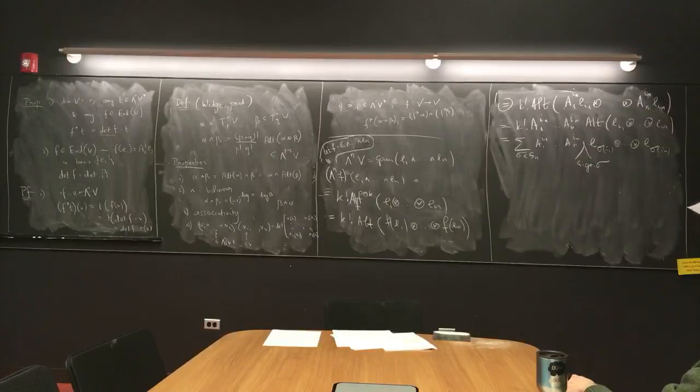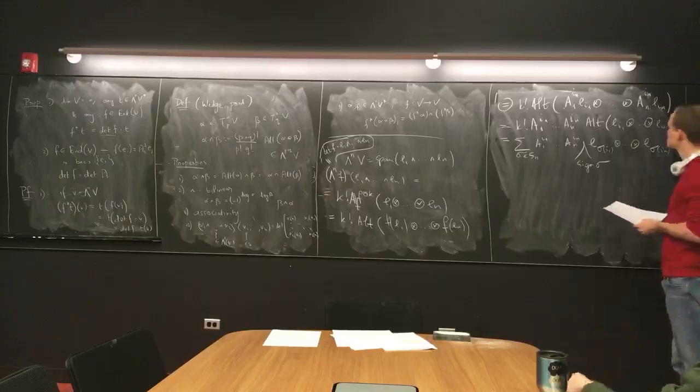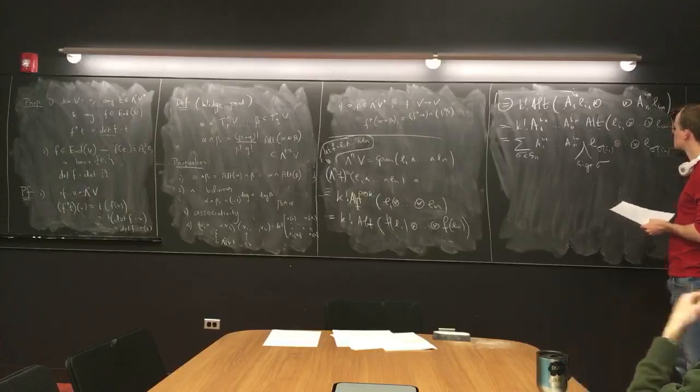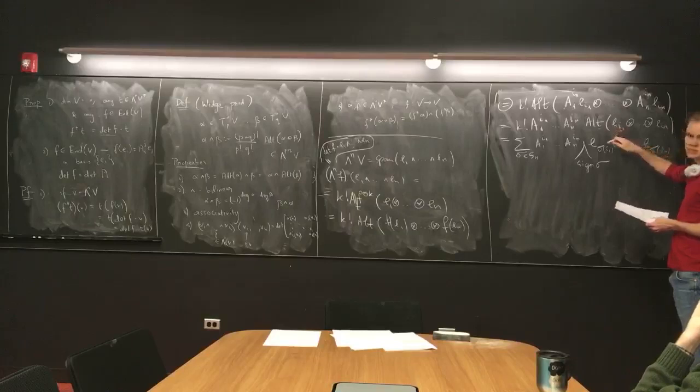Wait, the alternation. Is it really correct to write the second line, because that alternation involves a sum over indices? So the alt contains data about these indices i, and you pulled the numbers out to the left, right? No, it doesn't. Alternation by definition is 1 over k factorial times the sign of the permutation.